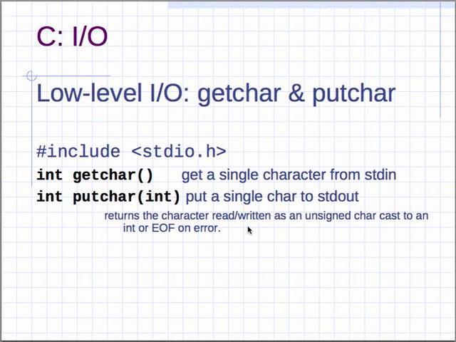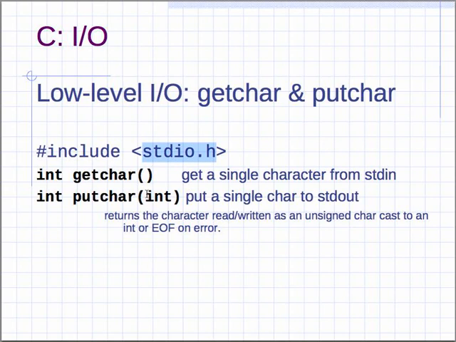In addition to printf, there are some low-level I/O functions, and these come with #include stdio.h. So stdio.h is where these functions are defined: getchar and putchar. Getchar gets a single character from standard in, and putchar, as you can imagine, puts out a single character to standard out.